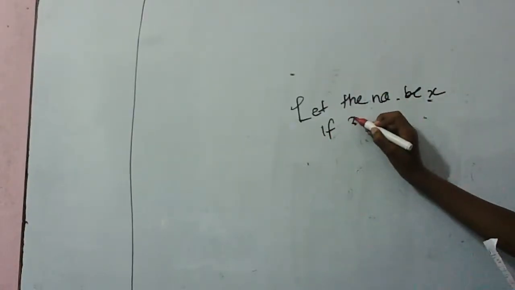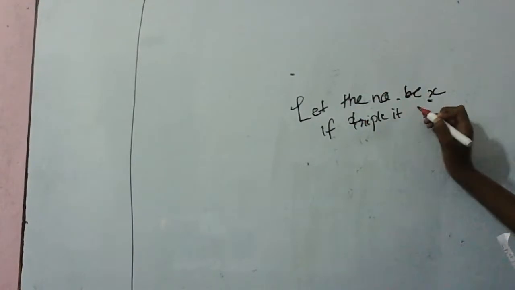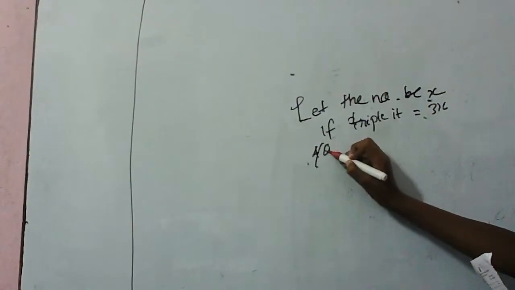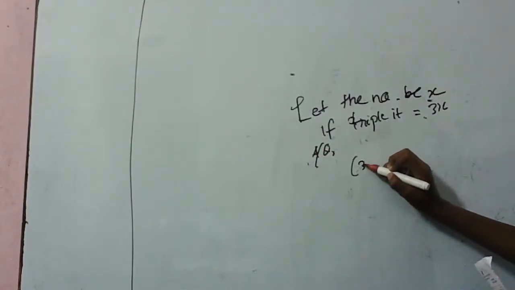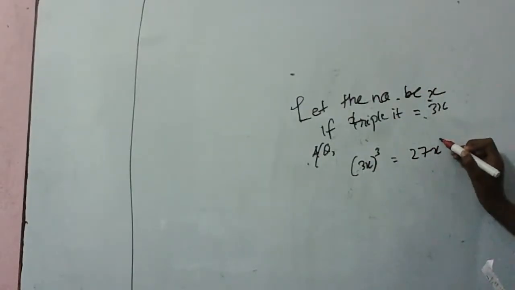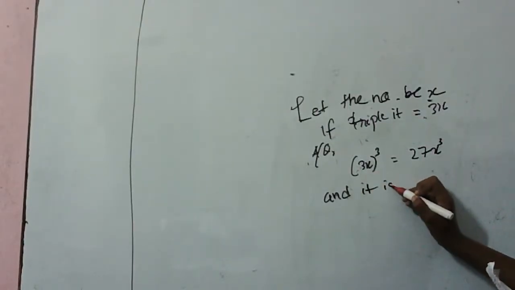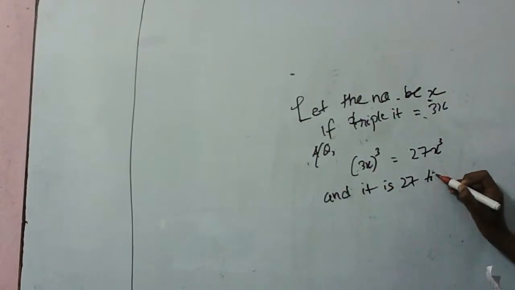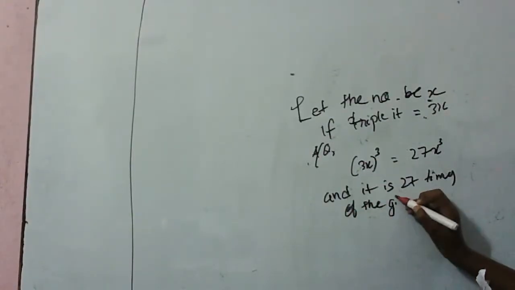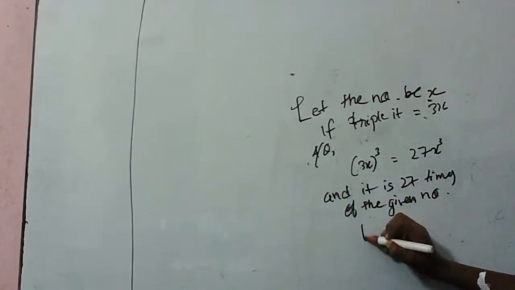If we triple it, it becomes 3x. According to question, cube of 3x equals 27x cube, and it is 27 times of the given number. Proof.